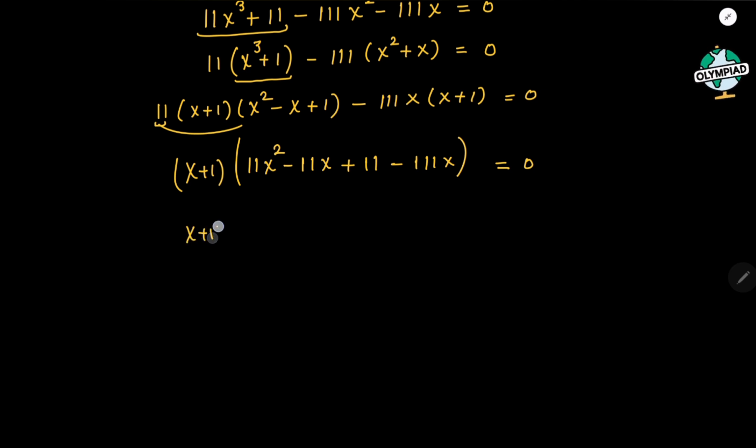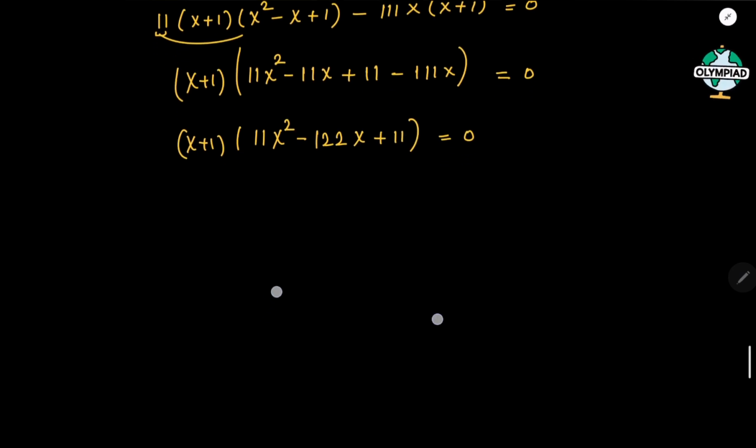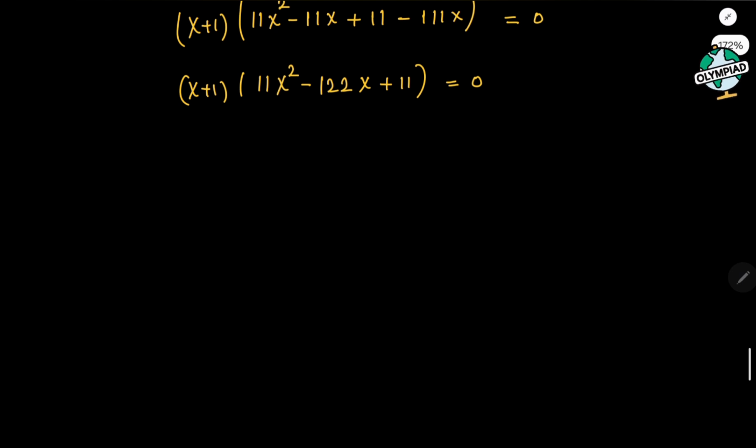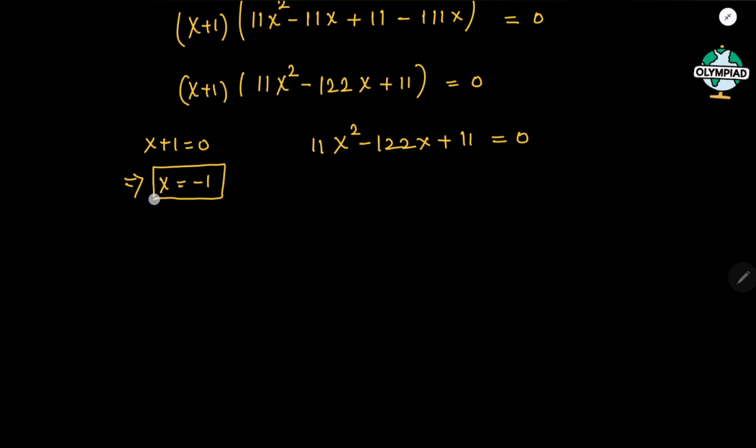So (x + 1), and let us simplify this. 11x² minus, if you add them you will get 122x + 11 = 0. So this is the equation we got finally. Now either x + 1 = 0 or 11x² − 122x + 11 = 0, and this will give us x = −1. So one root is x = −1.